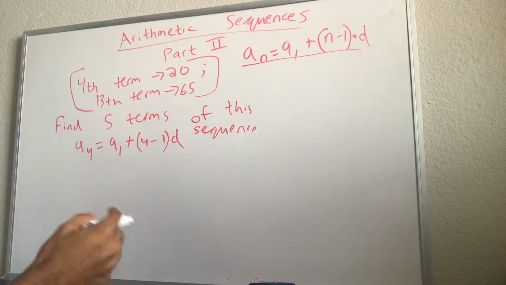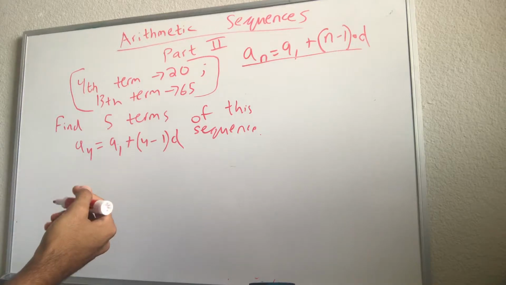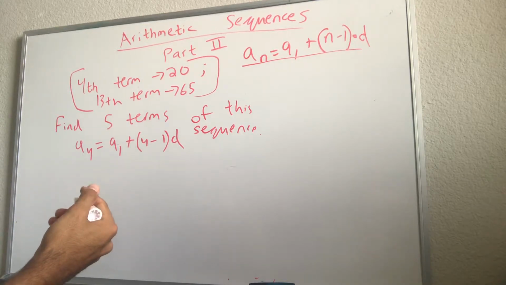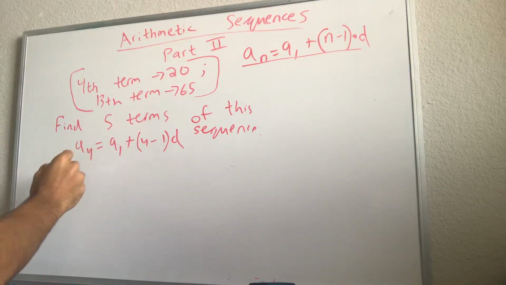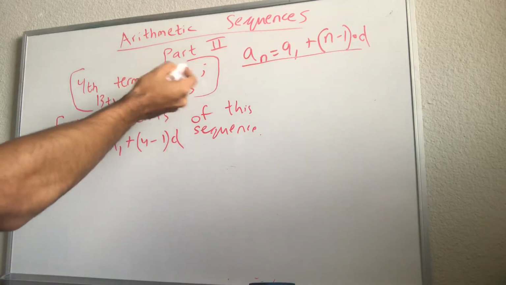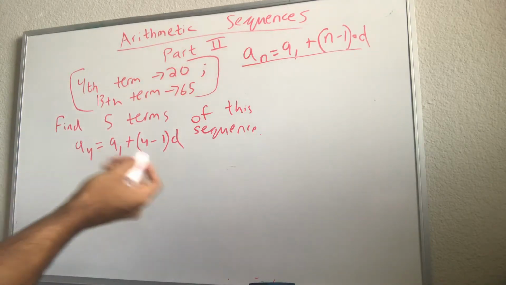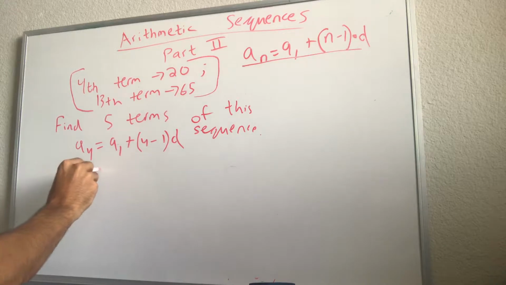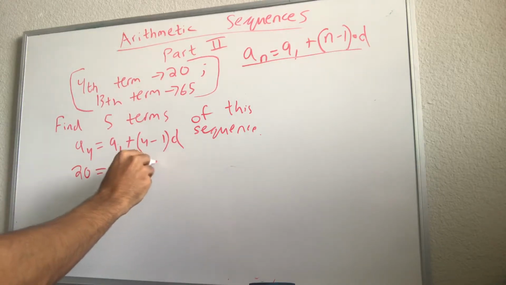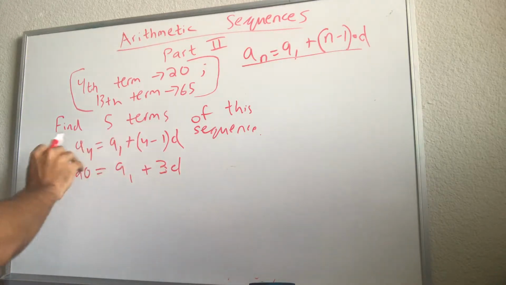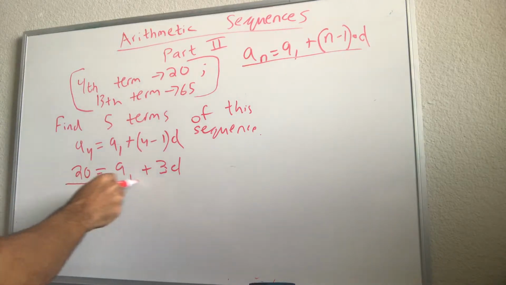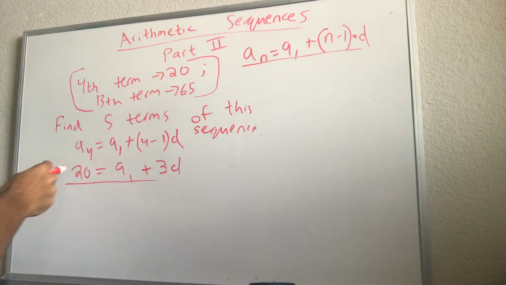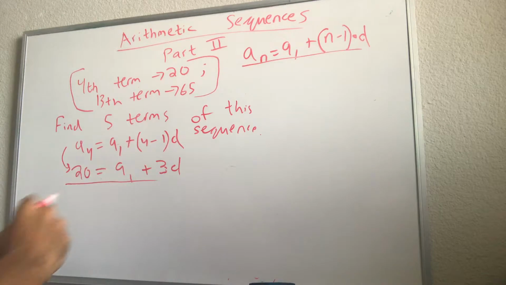So that's your equation. You could say equation number 1. And so if you solve this further, you see that a4, which you know is really 20. We are given that the fourth term is 20, so we can write 20 here, is equal to a1 plus 3d. So we just simplified this, because it's more simplified.